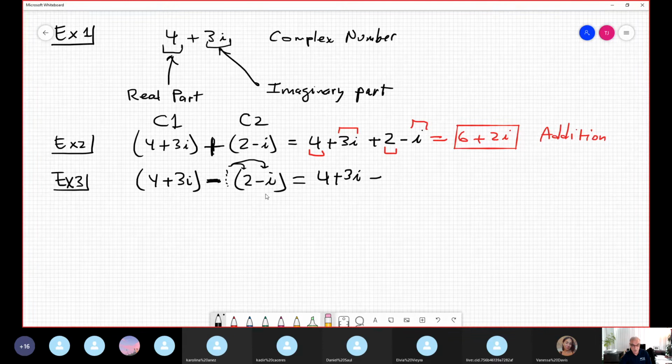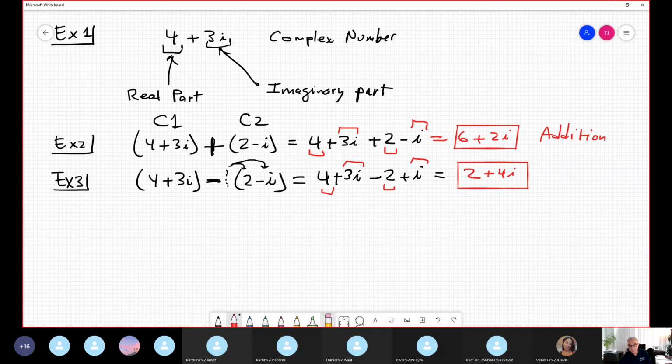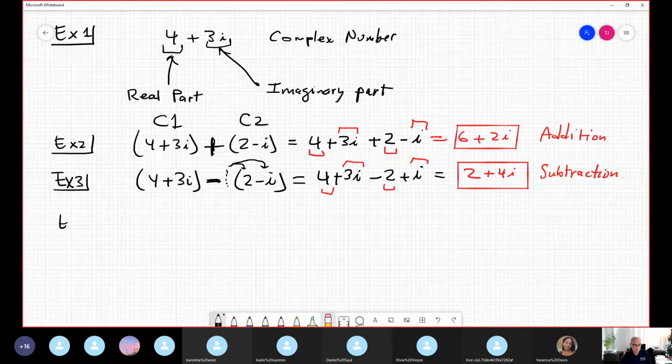It's a negative 2 plus i. Again, we combine later. Real: 4 minus 2, 2. Imaginary: positive 3i and 1i, 4i. That's subtraction. Any questions so far?